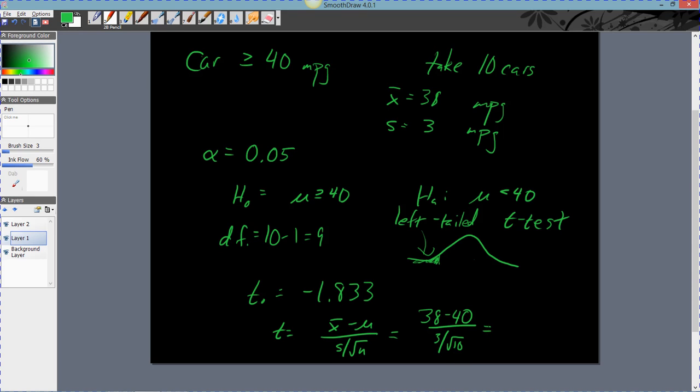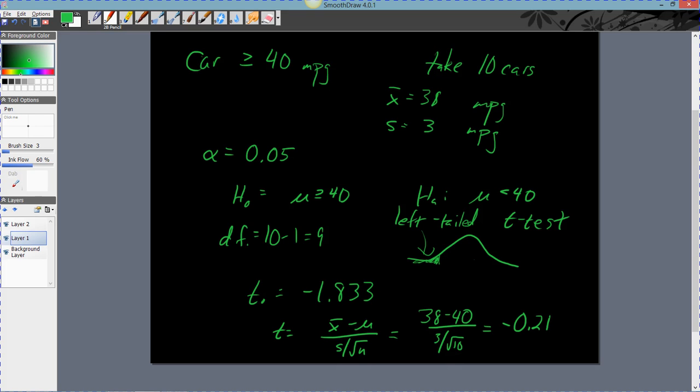Grabbing my calculator right quick, this is negative 0.21. That doesn't sound right.